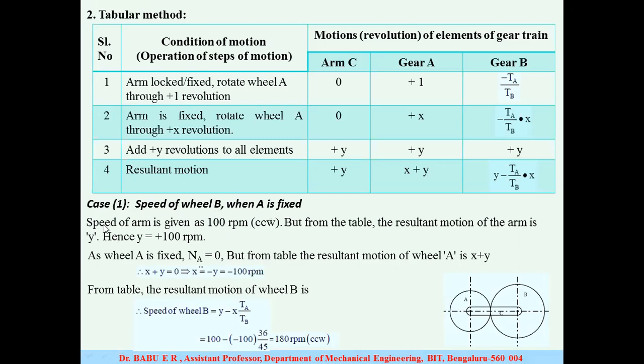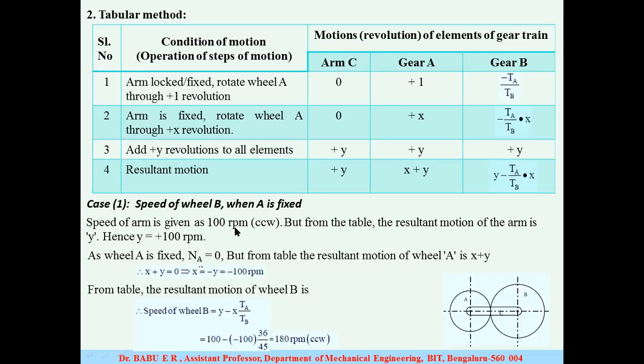In the given problem, the speed of the arm is given. It is 100 rpm in the counterclockwise direction. But from the table, the resultant motion of the arm is y. The arm will make plus y revolutions from the table. From the given data, it will make 100 rpm.